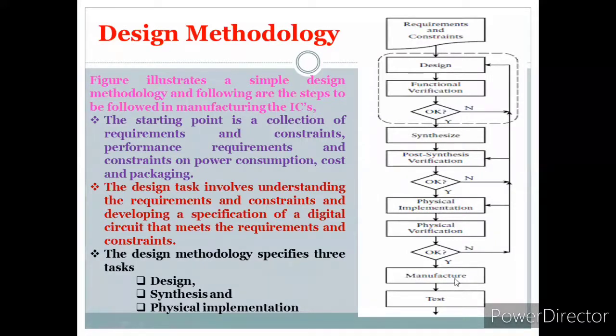Once they manufacture the IC with the help of the silicon wafer, a crystalline silicon wafer, then about area and packaging, the individual ICs are taken and tested. After testing, if it is working properly, then only it is given to the market.